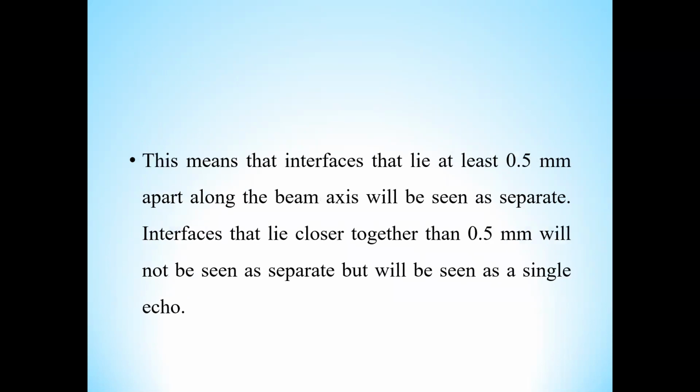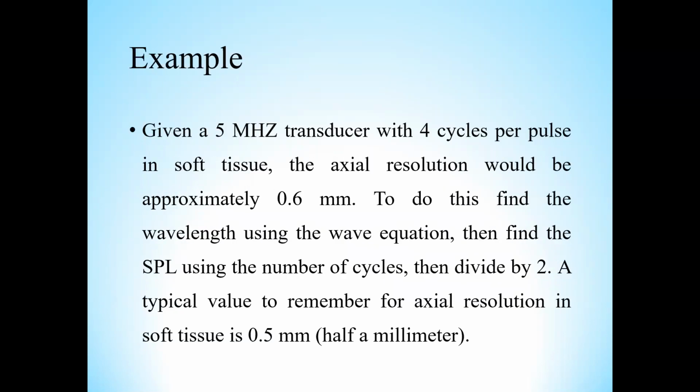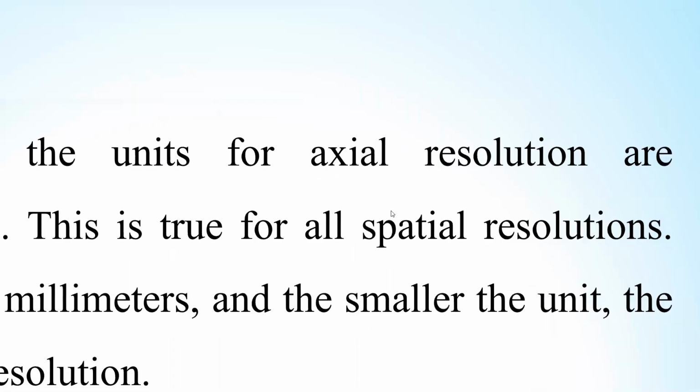And here in this example, you can see a 5 megahertz transducer with 4 cycles per pulse in soft tissue, where axial resolution would be approximately 0.6 mm. To do this, find the wavelength using the equation.